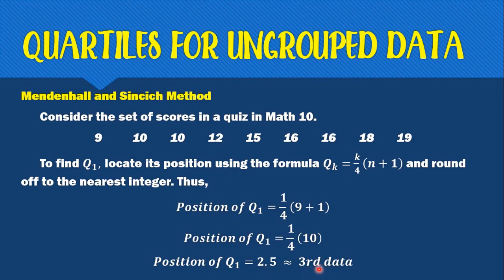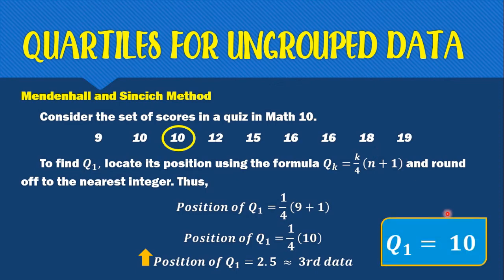Why does it become the third data? The rule in finding the Q sub 1 using the Mendenhall and Sincich method is that we have to round up. So from 2.5, we get 3, or the third data from the given arranged data, that would be the second 10. Therefore, our lower quartile or the Q sub 1 value is equal to 10.